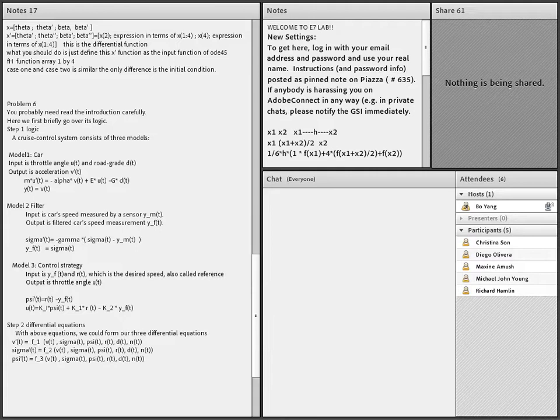So the expressions of function 1, function 2, and function 3 can be found on page 6 in the assignment.